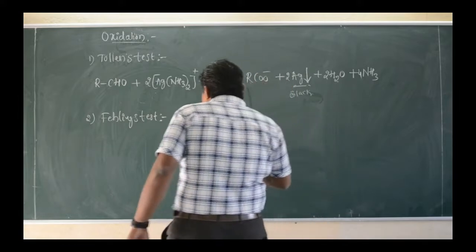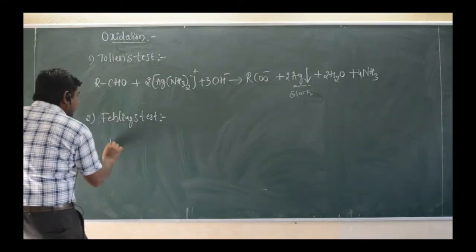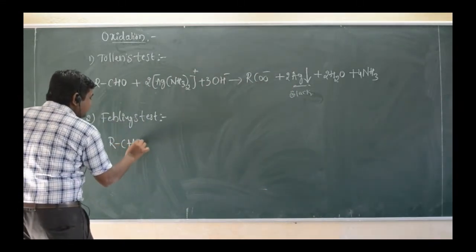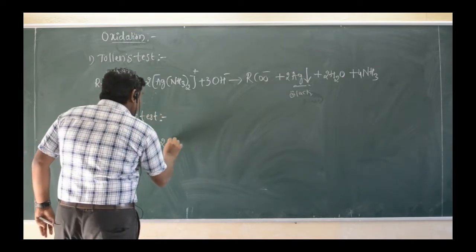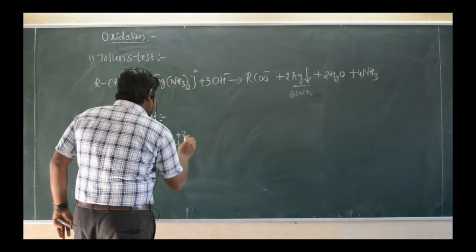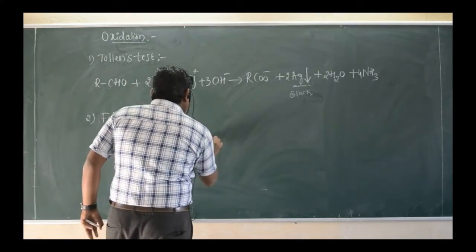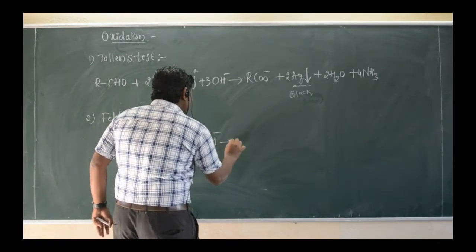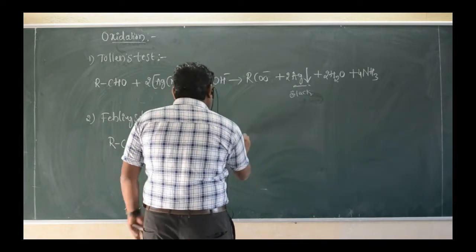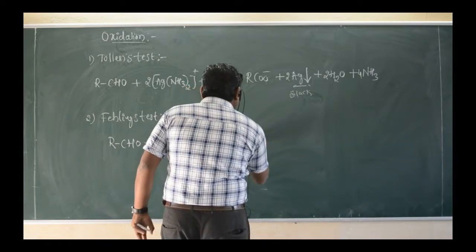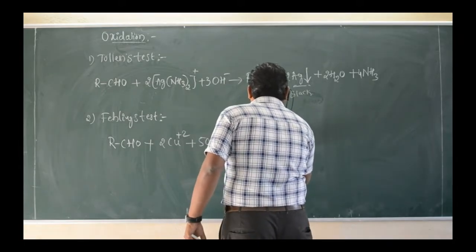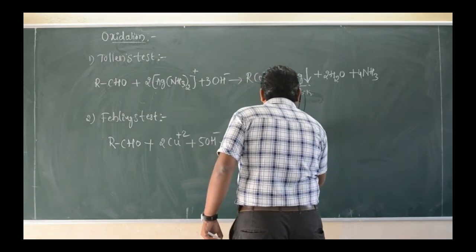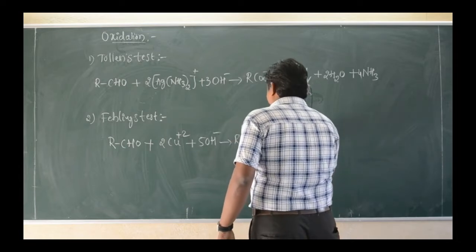Now I will write the reaction. The aldehyde reacts with Fehling's solution, with OH minus, and gives cuprous oxide, which is a red precipitate.